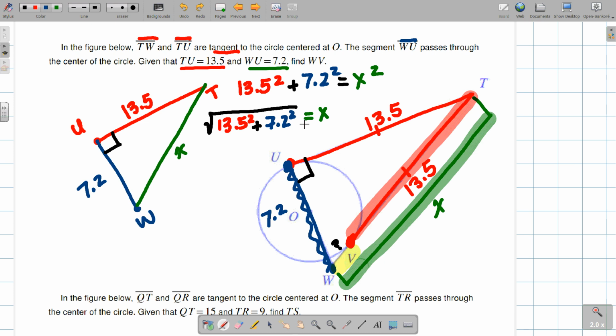See what I did there? I just square rooted both sides. So X is going to equal the square root of 13.5 squared plus 7.2 squared.